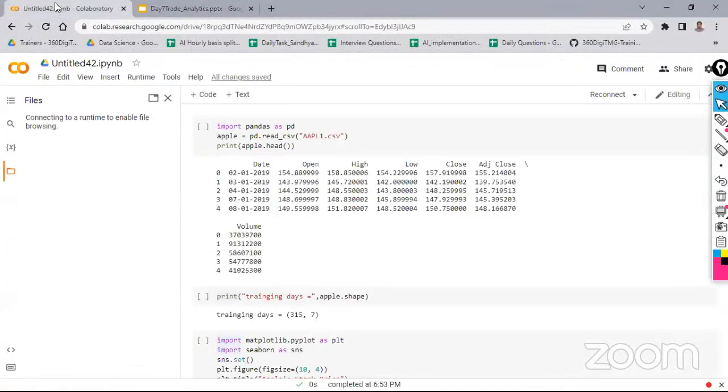Now we'll try to understand what is the particular code and how it will be, and we'll see that. So I've taken the stock price or trade price to predict, to analyze what will be the next.